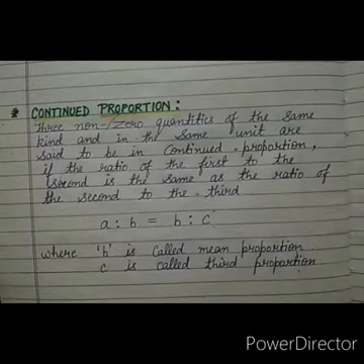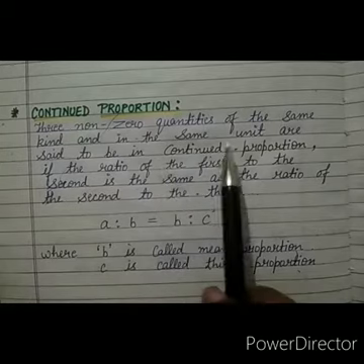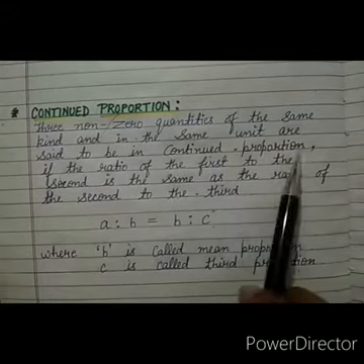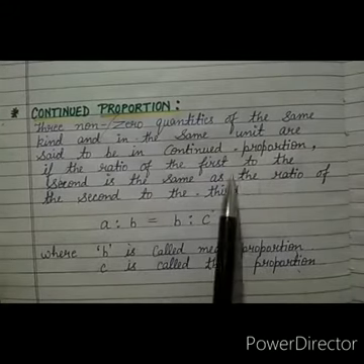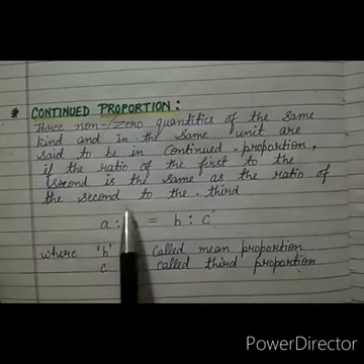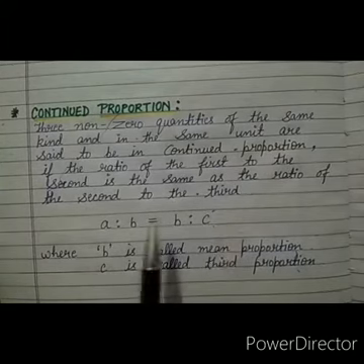Now the next topic is continued proportion. Three non-zero quantities of the same kind and in the same unit are said to be in continued proportion if the ratio of the first to the second is the same as the ratio of the second to the third.